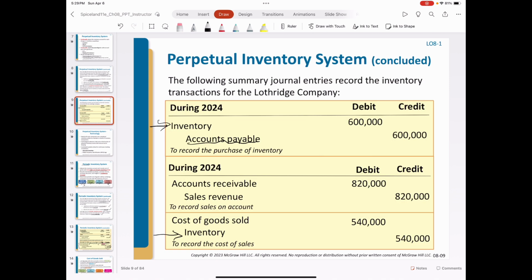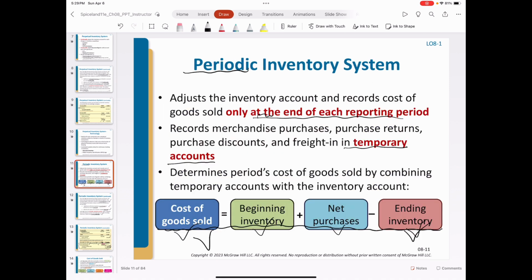Let's take a look at the perpetual inventory system. We debit cost of goods sold and credit inventory when there was a sales. Under periodic inventory system, we do not have such a journal entry. Why? Because we don't track it under periodic inventory system.